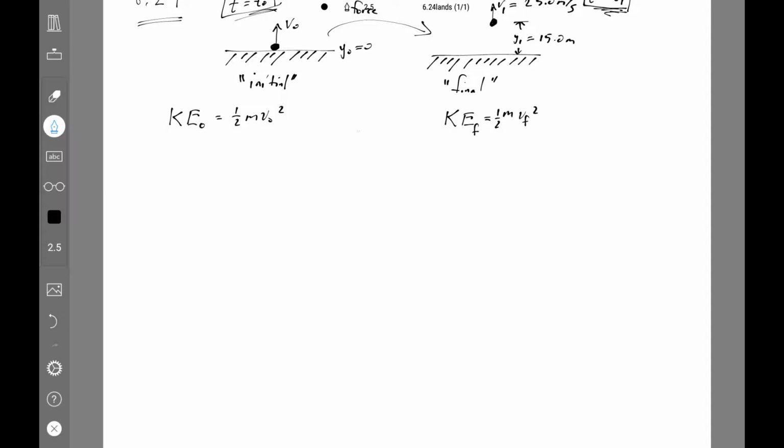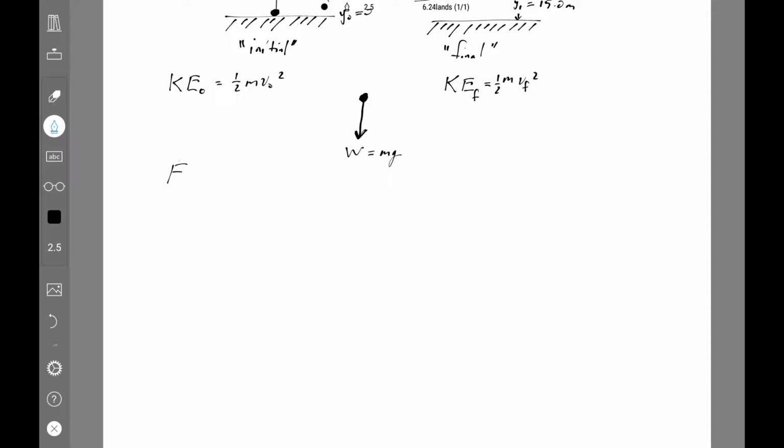What are the forces acting on the rock? There's only one. So the free body diagram, or the force diagram of the rock, where this dot is the rock, and this is the only force acting on it, the force of gravity acting on the rock.